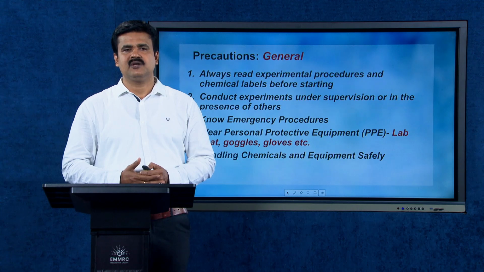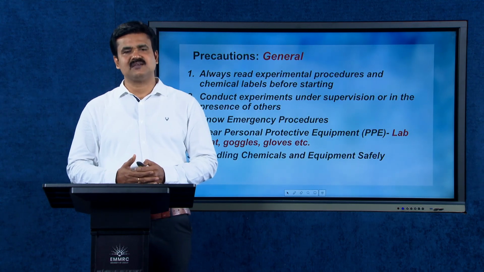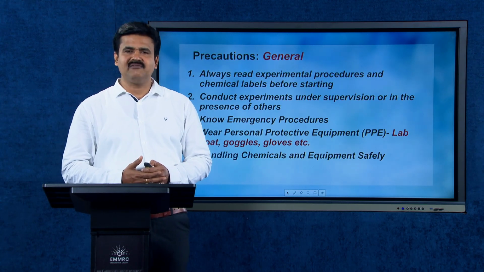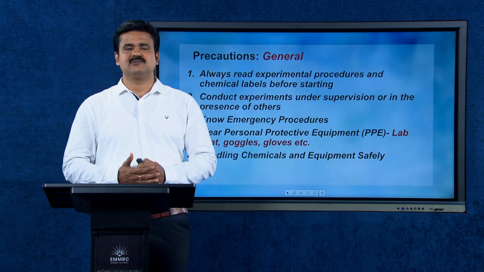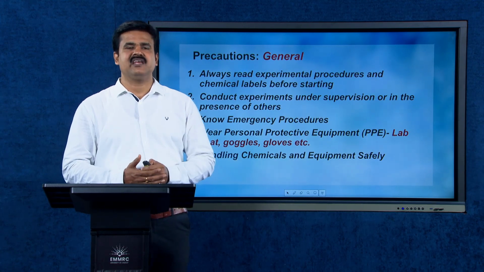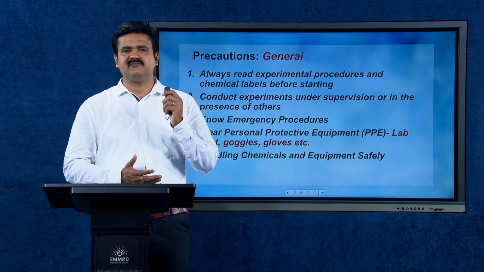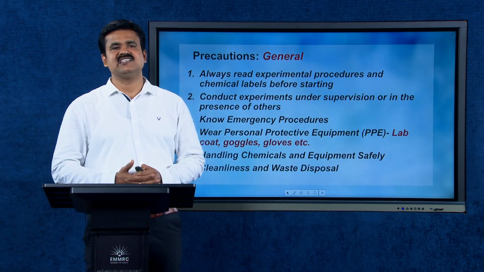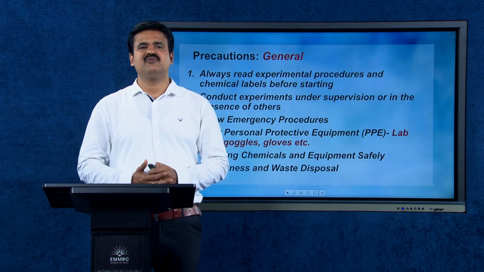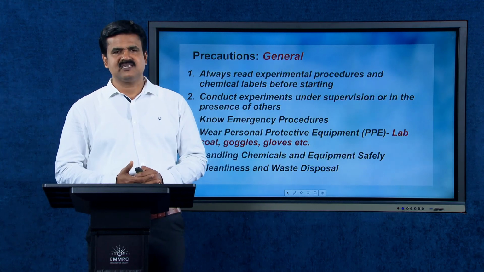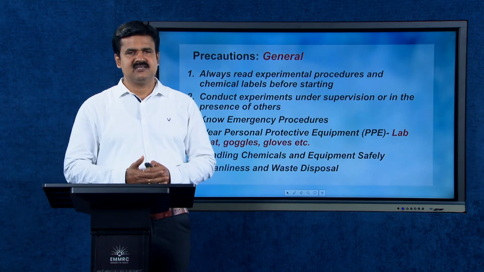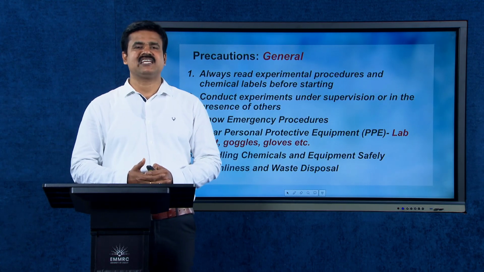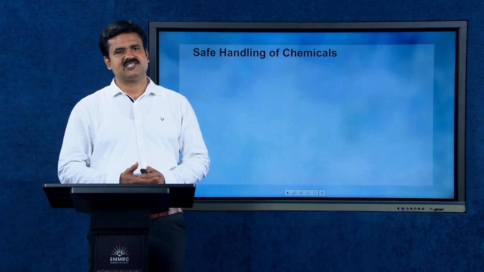You have to use a spatula to take chemicals, and you have to switch on and switch off electrical equipment with great precaution. Cleanliness and waste disposal are also very important general precautions that you have to adopt in a chemistry laboratory.